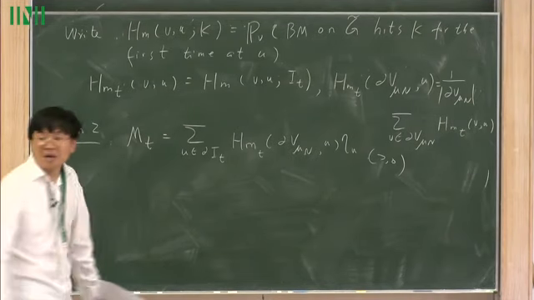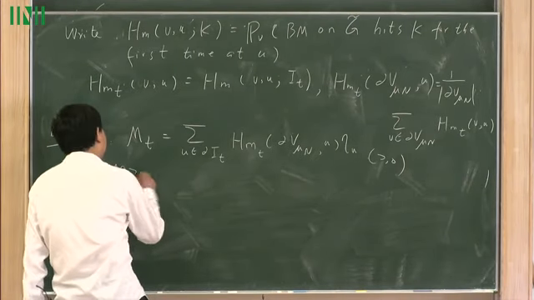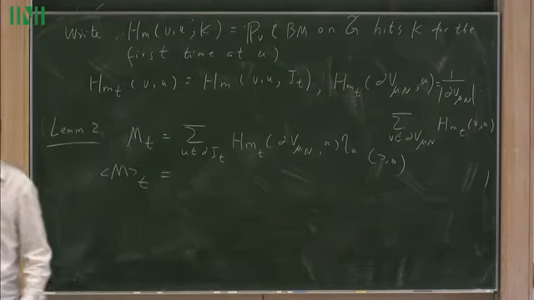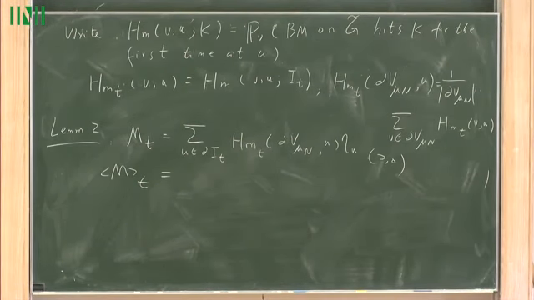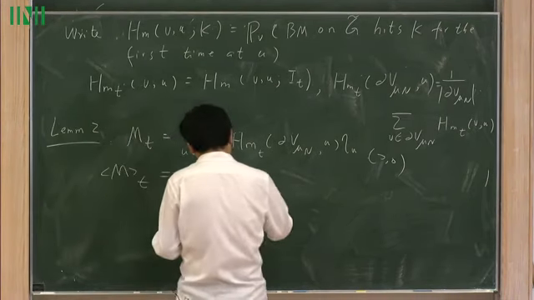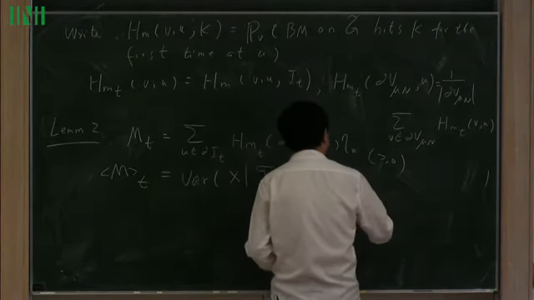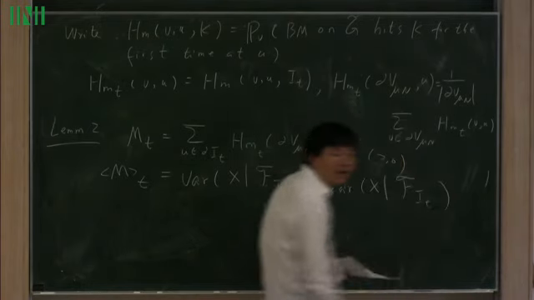But the martingale also has quadratic variation, right? The quadratic variation of the martingale at time t. We are looking at the Doob's martingale. What's the quadratic variation? You look at the difference of the conditional variances. That is the variance of X given your initial condition, subtract the conditional variance of X given the condition that you have at I_t.